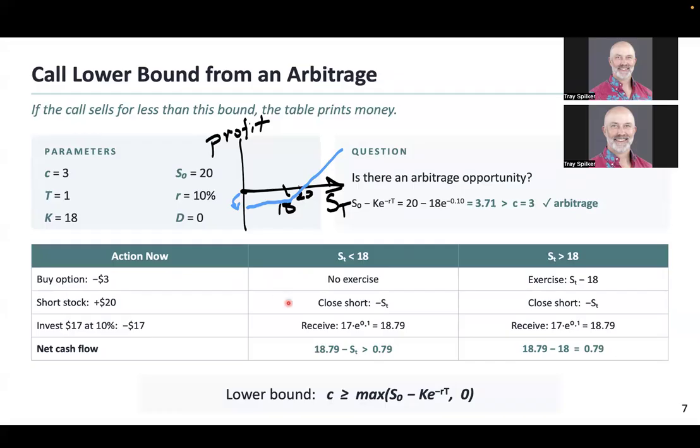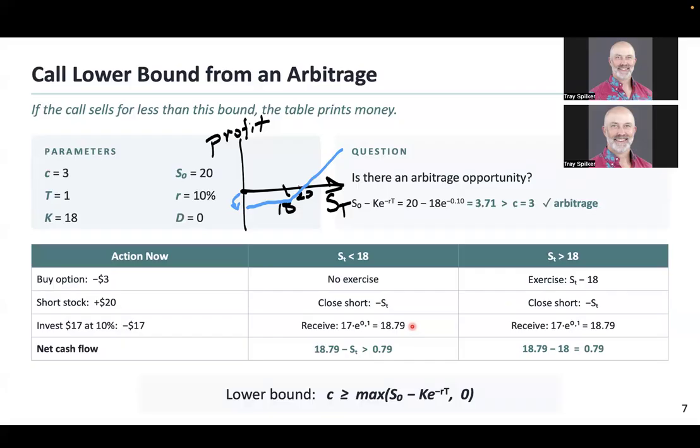Then we just close our short position by entering the market, so we have to pay whatever the share price is, hence the negative sign out front here. And then we receive our principal plus our interest on our investment, or our loan, if you will, that we made to the government in the form of a risk-free treasury bill. So we get back $18.79.